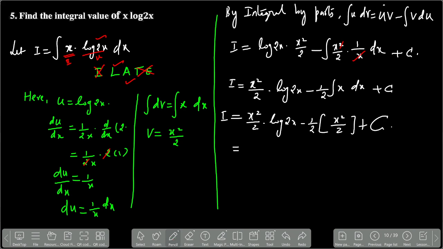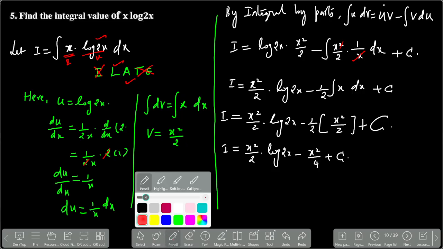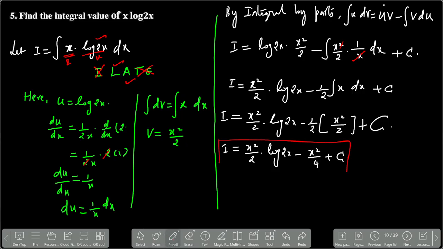This is x square by 2 into log 2x minus x square by 4 plus c. Check the answer. This is the final answer. Any doubt, students?